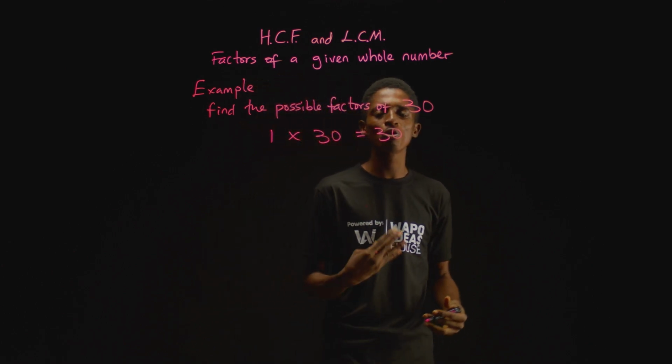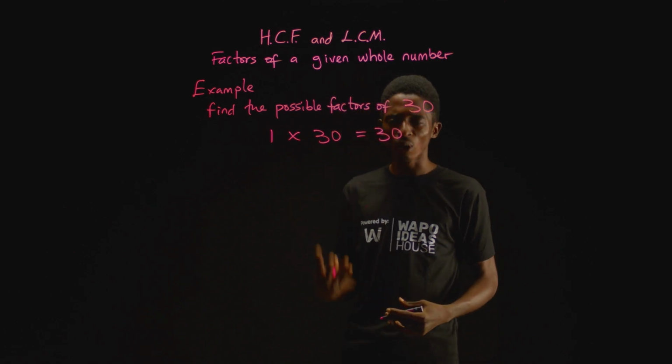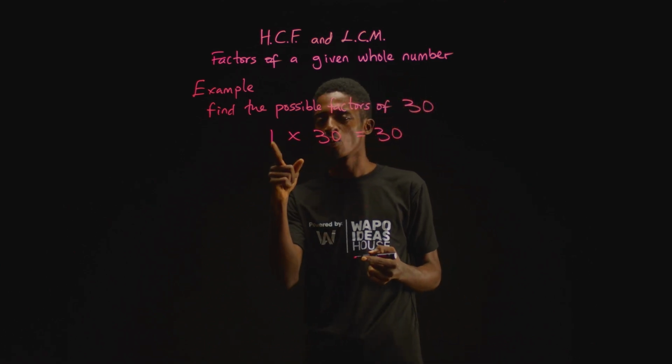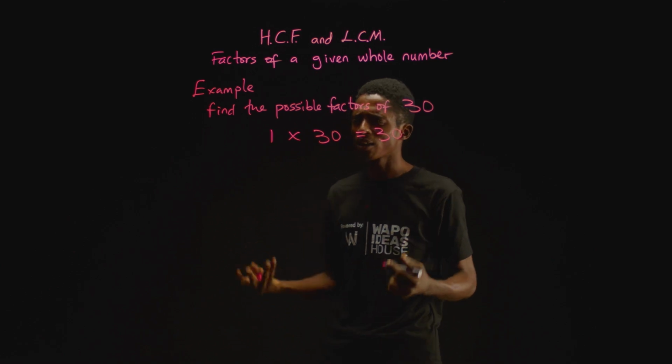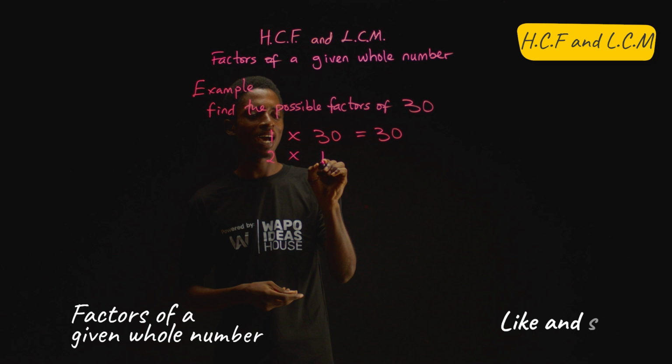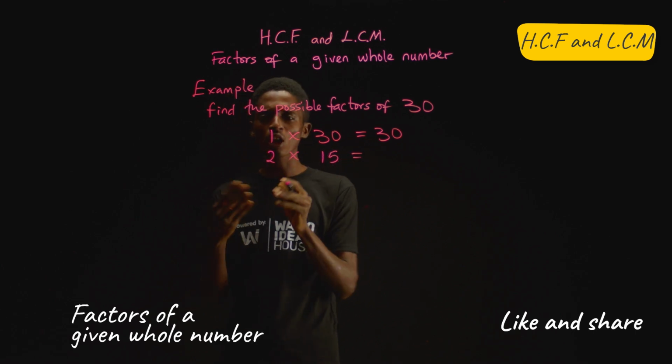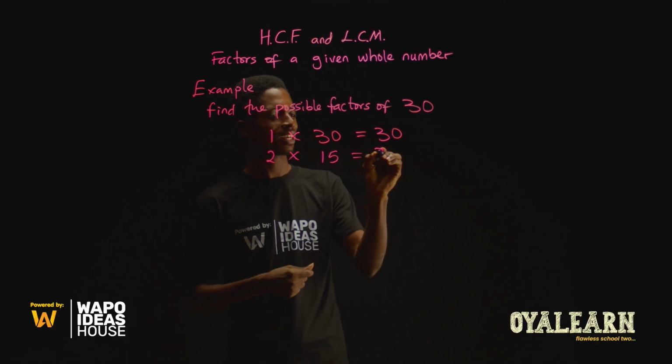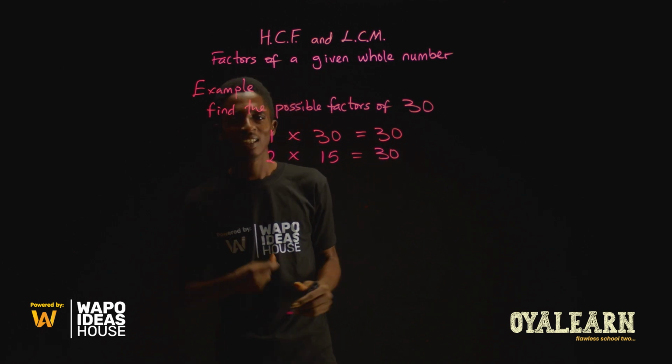Now, let's continue to look for two numbers that will multiply to give 30 aside 1 and 30. Another one would be 2 multiplied by 15. The product of these two numbers will give you what? 30. Good.